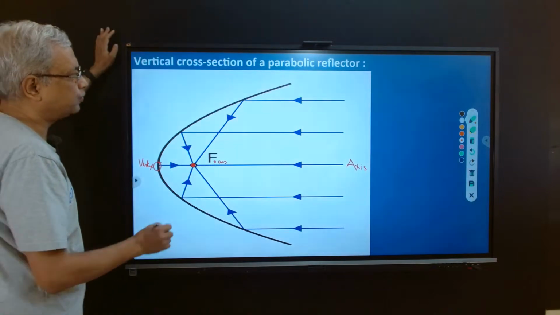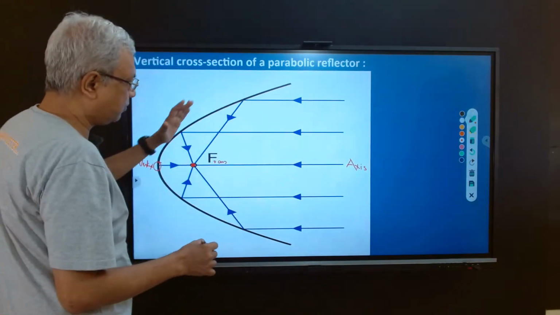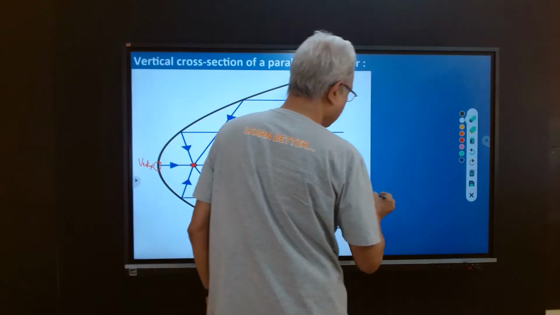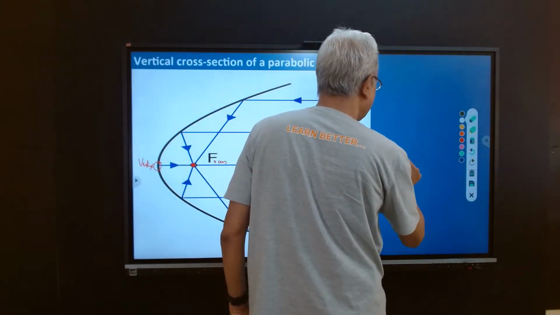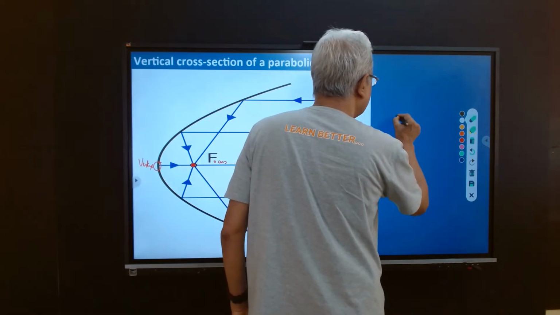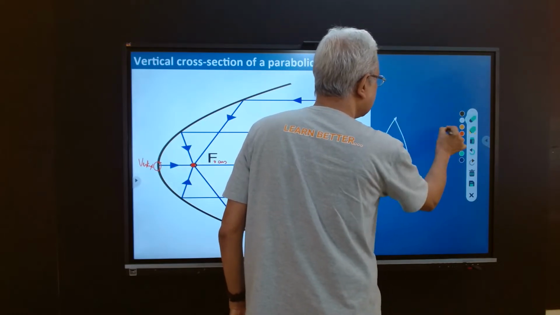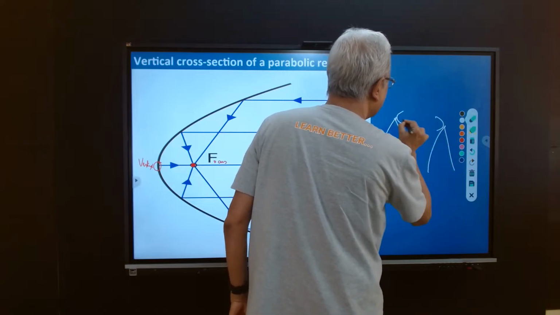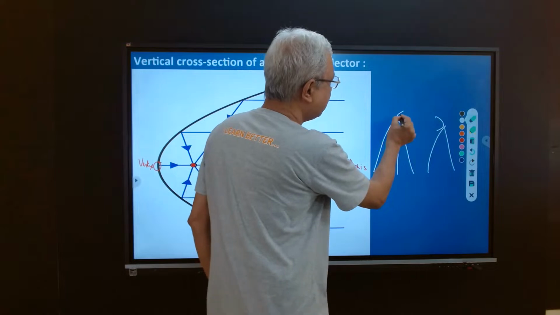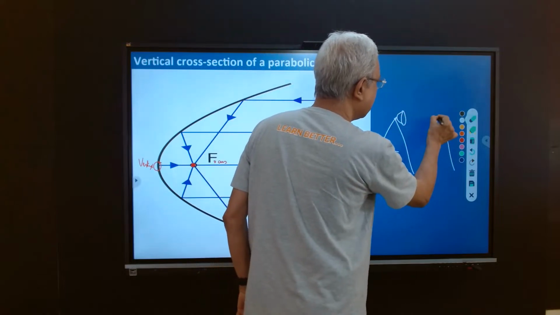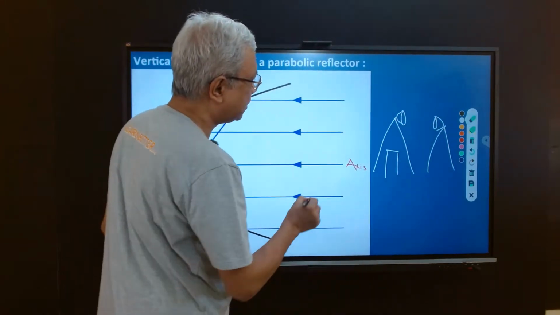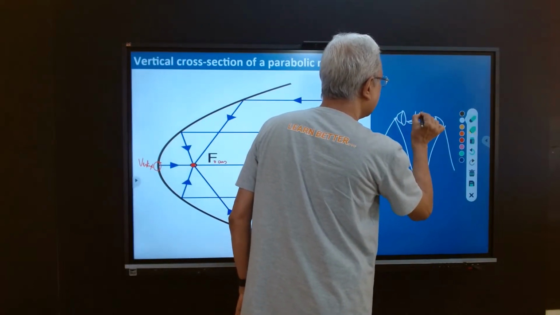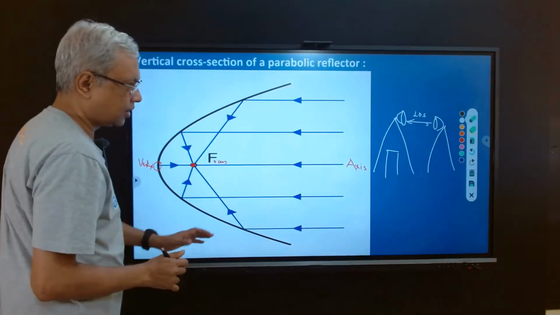Okay, so these parabolic reflectors are very useful devices. If you look at some microwave towers with telephone exchange buildings, this is one telephone exchange, this is another telephone exchange, and you will find that there are some parabolic reflectors on the top of the tower. These parabolic reflectors are used for line of sight communication in telecom networks in a country.